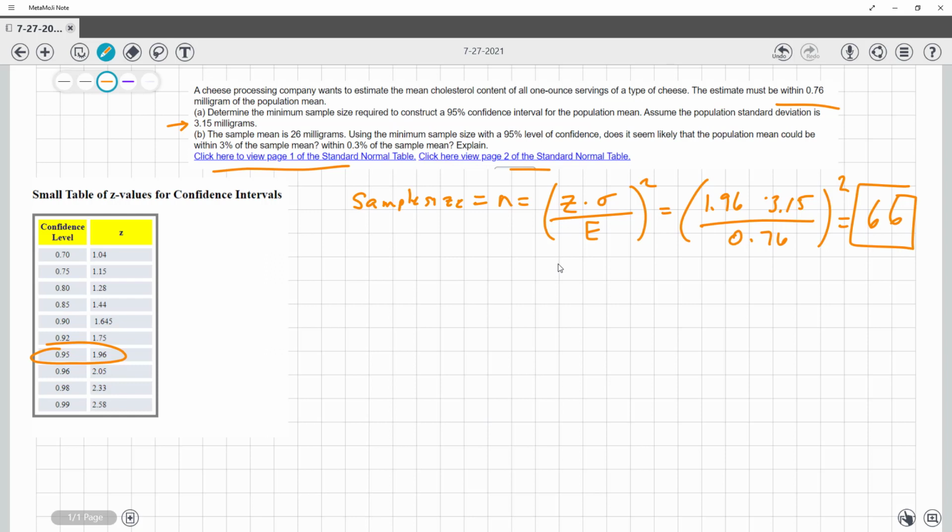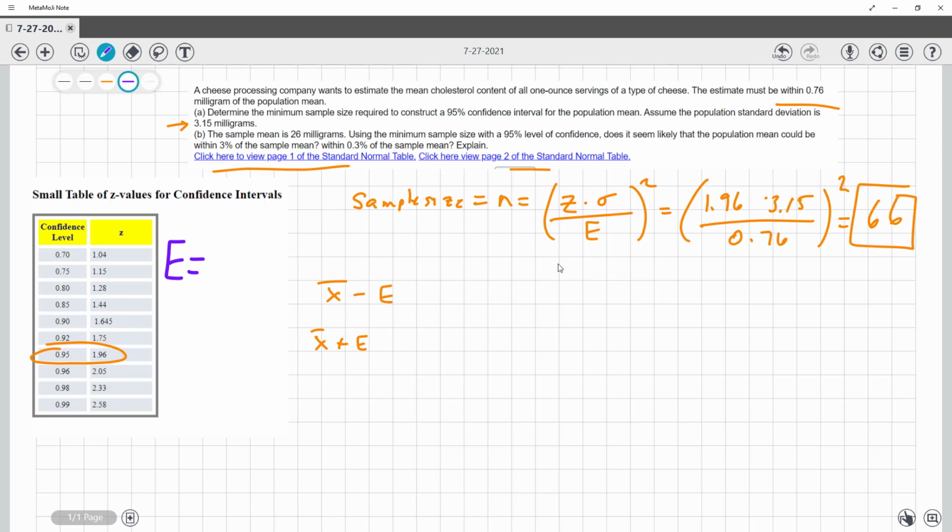Now they want me to do a confidence interval. A confidence interval around the sample mean is the sample mean minus the error and the sample mean plus the error. So you're wondering, how do you find the error? Is that 0.76? No, this is actually calculated, but in this case it will be the same 0.76 value. Let me just show you how it was calculated.